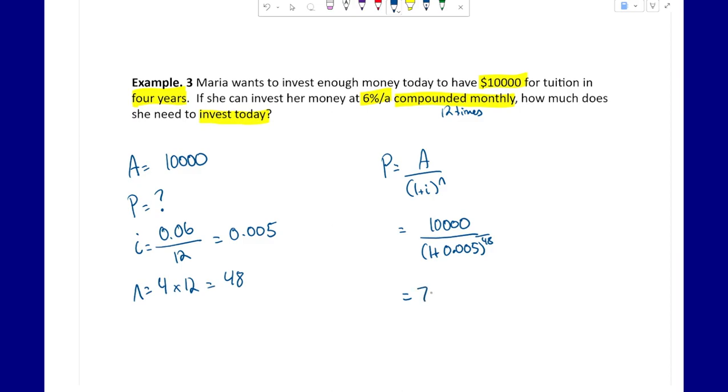We get $7,870.98. So that means if I want to have $10,000 in 4 years at this interest rate compounded monthly, I would need to put in $7,870.98 right now, so that all the interest gained over the 4 years would leave me with $10,000.